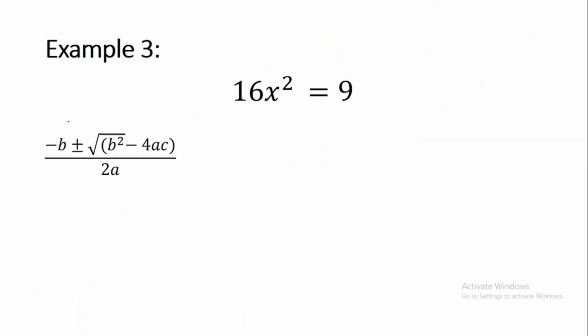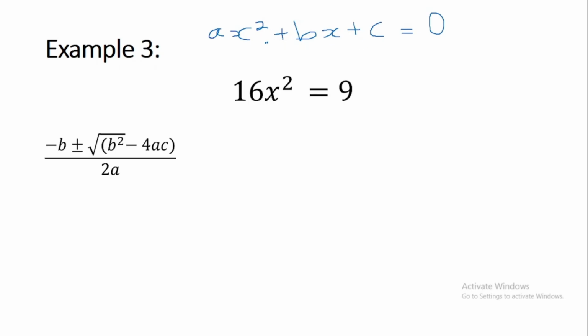Alright, next question. So we have another equation right here: 16x squared equal to 9. Just like before, we want to ensure that we have it in the format ax squared plus bx plus c is equal to 0.